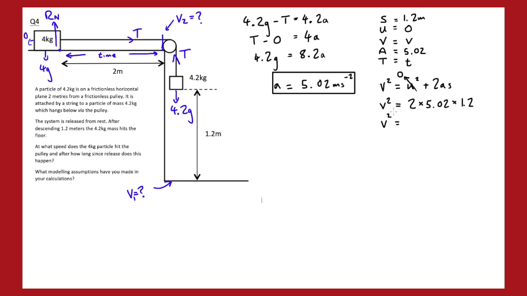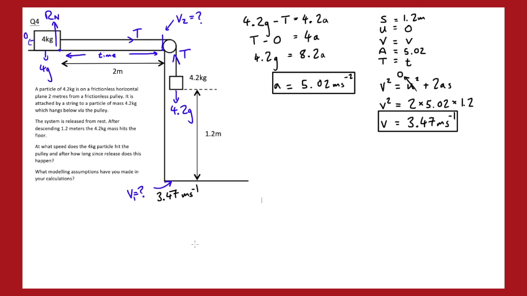Okay, so if I square root that answer, I get a value of 3.47 meters per second. So that's our second answer, the first one requested. So that's the velocity it hits the floor. So we know here now is 3.47 meters per second. Great.